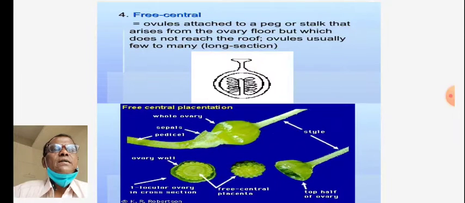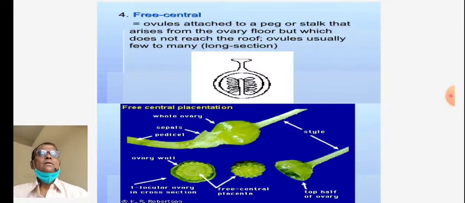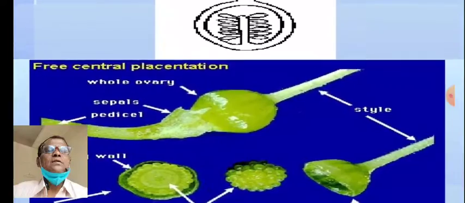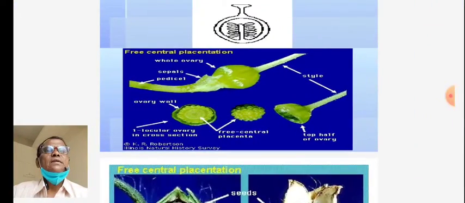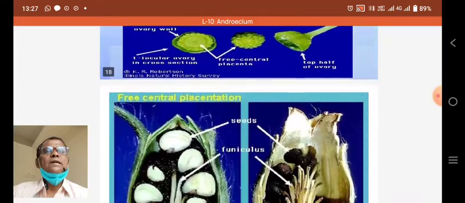In free central, there are some Dianthus or flowering plants that show such a type. So the center is free, there is no placenta, and the ovules are attached in between. So free central is the one character.